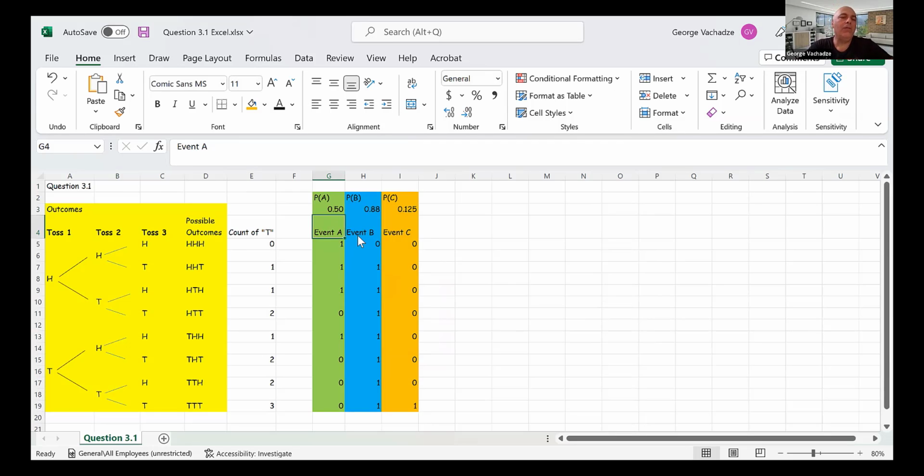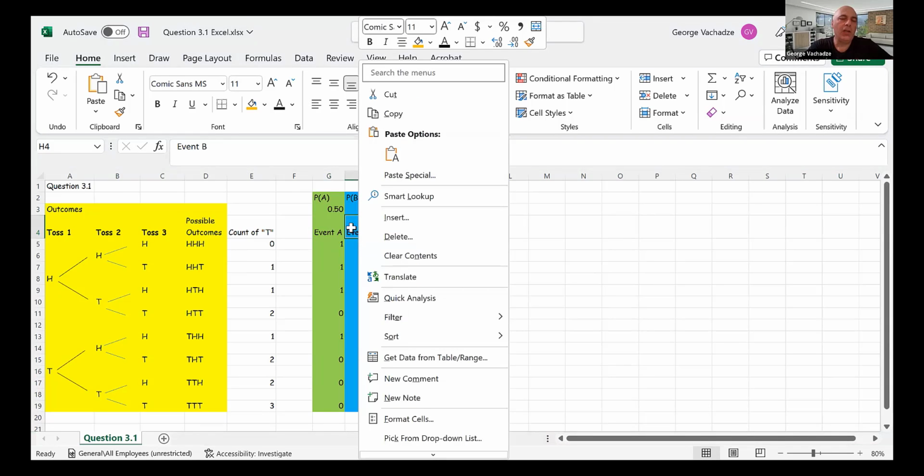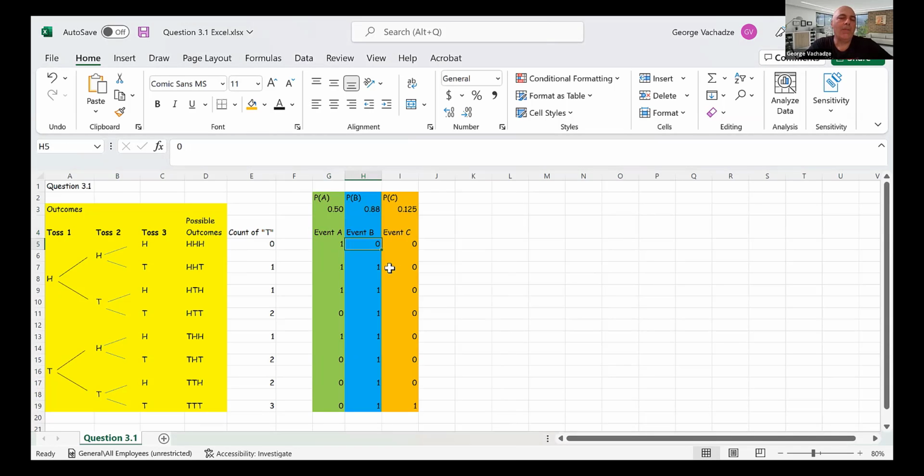Now, for event B, we use the same strategy. We first come up with the indicator function, whether event B occurred or not. Event B is T occurring at least once. So T can be either 1, 2, or 3, but not 0. And 0 times it occurs only once, when the outcome is HHH.